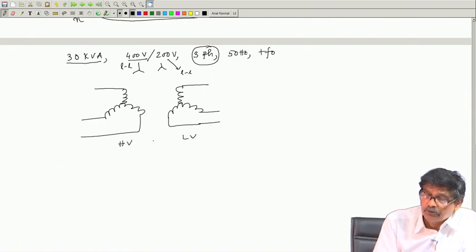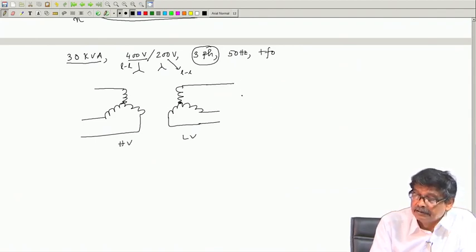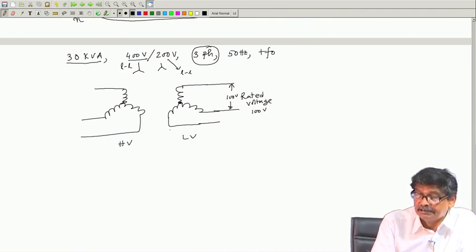Therefore, to carry out the no load test, I will apply rated voltage. What is the rated voltage? 200 volt. Where it should be applied? Between line to lines. That is what I am telling, this is line to line voltage.